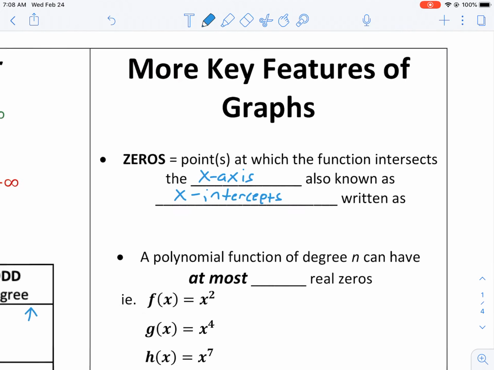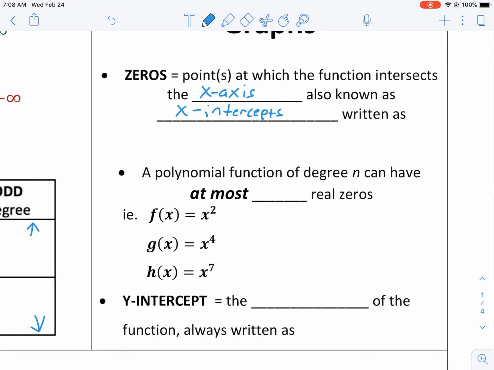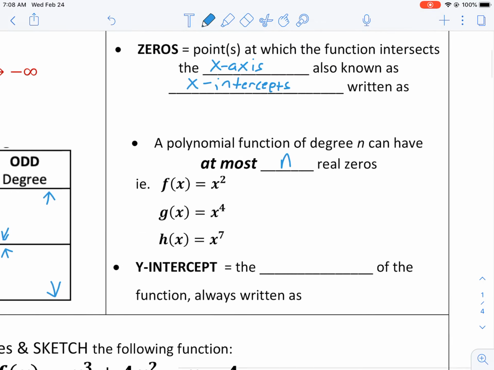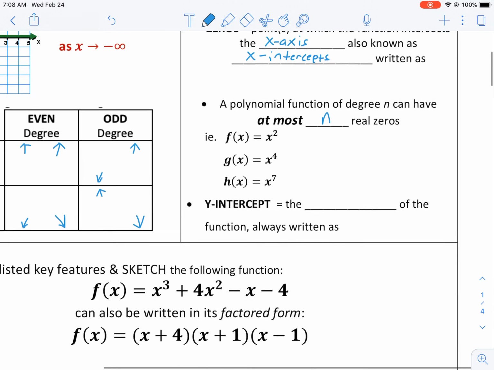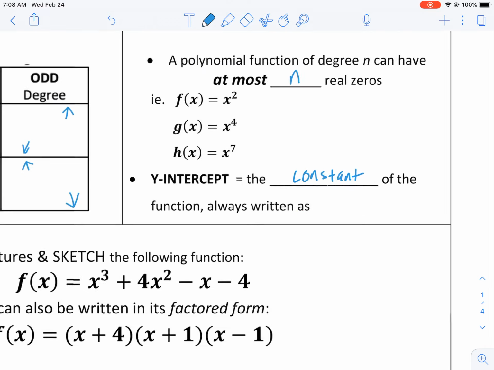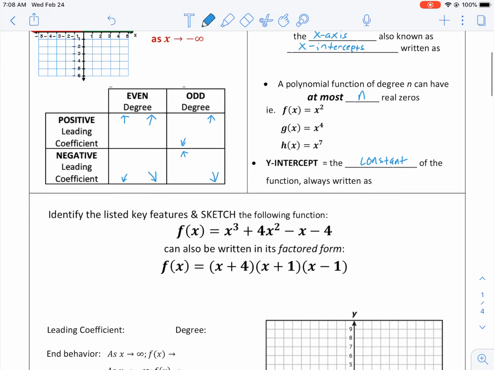And the reason this is helpful is because a function of degree n can have at most n zeros. So you can kind of figure that out from there. The y-intercept is going to be the constant of the function. Okay? That's not really going to come into play, so I just want to get to the graphing, all right?